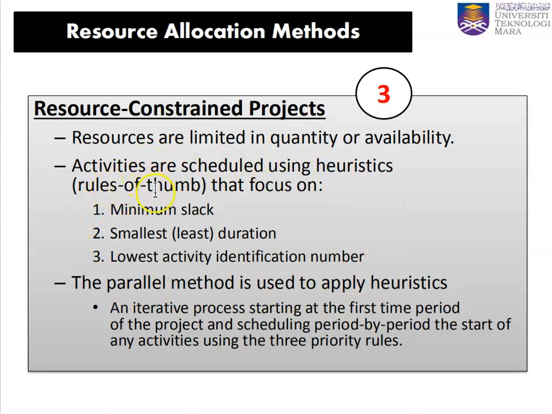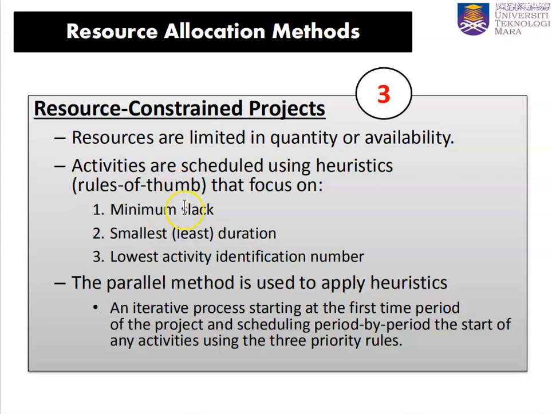The scheduling priorities have to come with a minimum slack first, and then if we're done with the minimum slack, we look into the smallest duration. Then if we're done also with the smallest duration, we look into the lowest activity identification number.